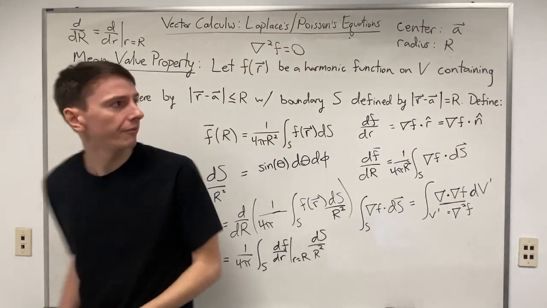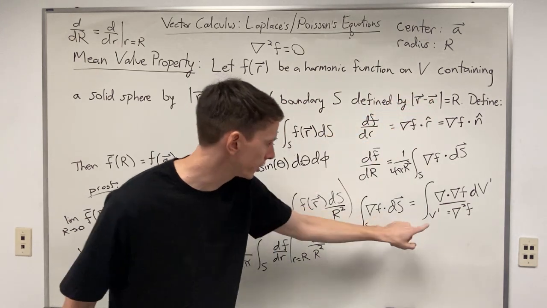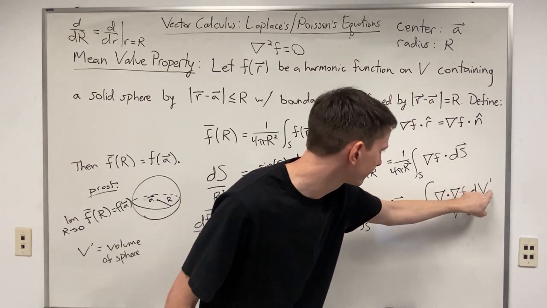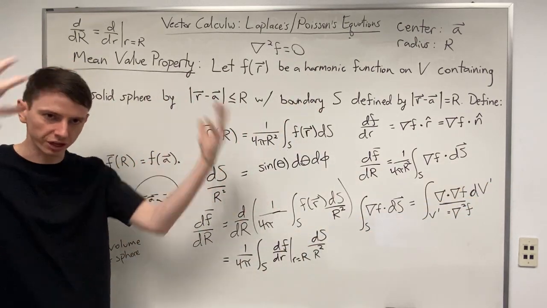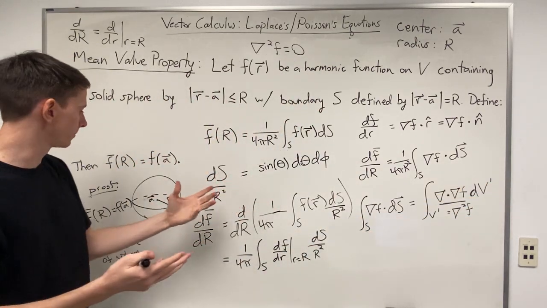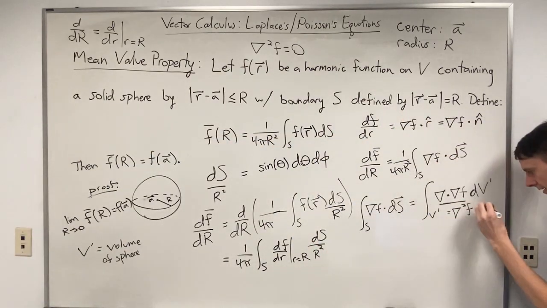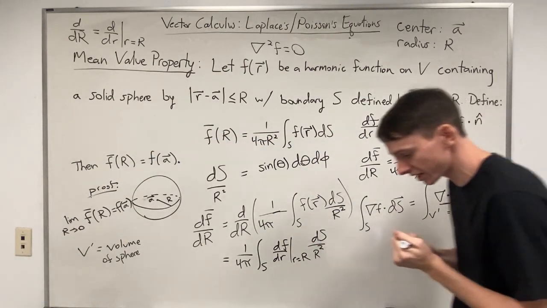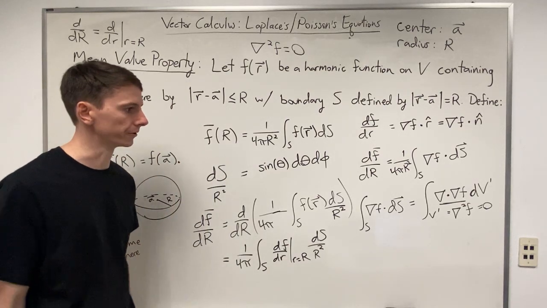Now, the Laplacian of f is 0 on some generalized volume. Right here, we have the Laplacian of f specifically on the volume of the sphere. But remember, the sphere is contained within the generalized volume. So if the Laplacian of f is 0 on the generalized volume, it's got to be also 0 on any subvolume or subset of that volume.